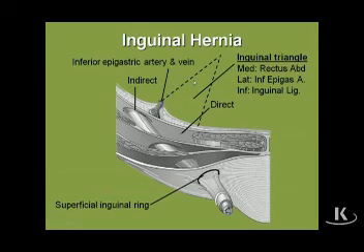And inguinal hernias come actually in two different types. They're called indirect inguinal hernias and direct inguinal hernias. And it's important that we understand the difference between them, because not only are they slightly different in their position, they are quite different in their pathway, in their mechanism of herniation. So we want to discuss them separately.